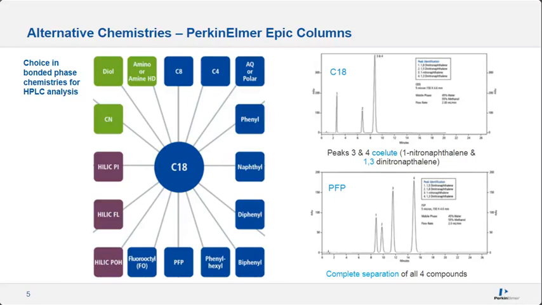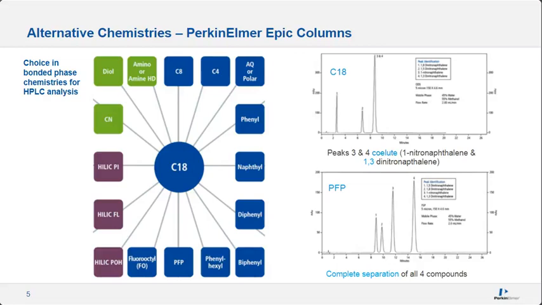Again, you have the hydrocarbon-based phases such as C8 and C4, but we have phases that are suitable for high aqueous separation. Then we have aromatic-based phases such as phenyl, naphthyl, diphenyl, biphenyl, phenylhexyl, and then we have fluorinated phases such as pentafluorophenyl or perfluorinated octyl.